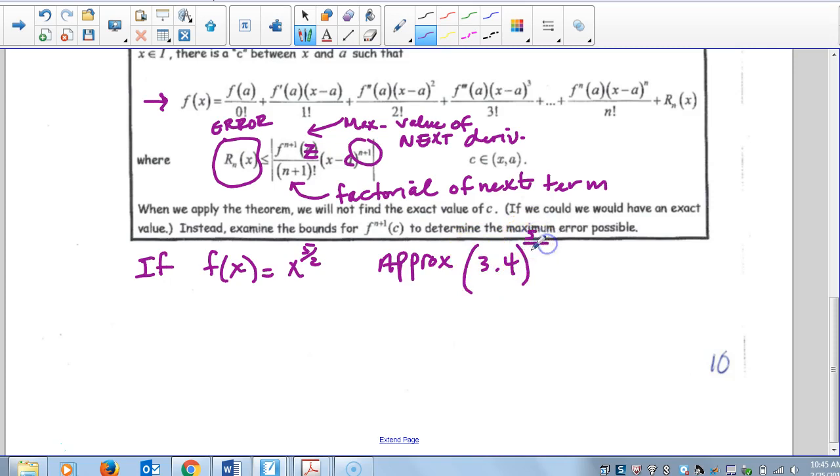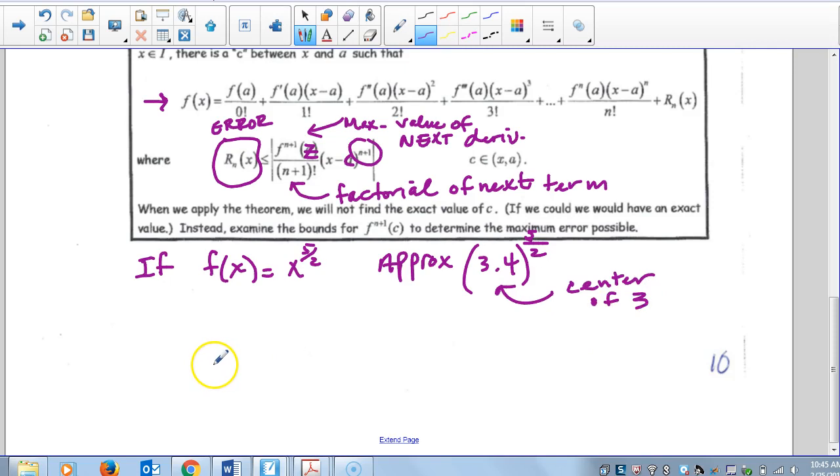Okay, that's not a nice number. And so we're going to have to figure out, well, where do I want the center? Now 3.4 isn't too far away from a center of 3. So let's say I have a center of 3. So we're only 0.4 away.